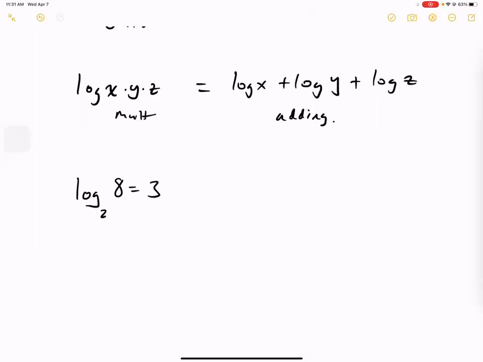Logs. 2 to the third power is 8. So each of these parts of a log are not what we traditionally would think of. We have a log with the base, and this is why I like calling the answer the exponent. So: base, exponent, answer.